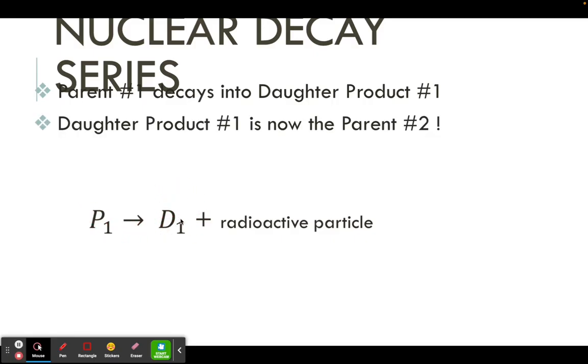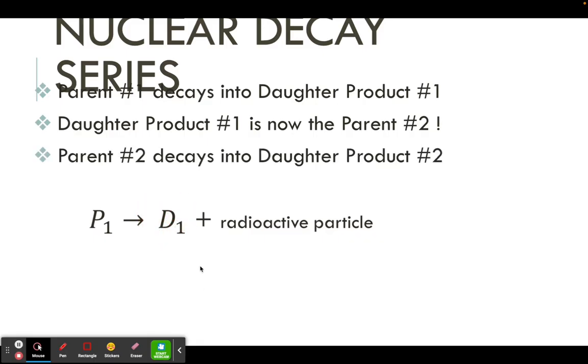This is maybe the first step in a long series of steps. Then this daughter, daughter 1, can now become parent number 2. The daughter isotope can itself decay and give rise to another isotope. So it becomes the parent, and then parent number 2 decays and produces daughter product number 2, and so on and so forth.